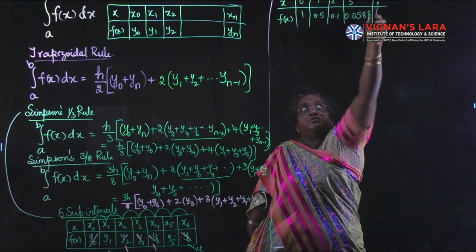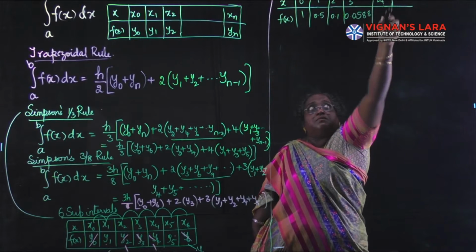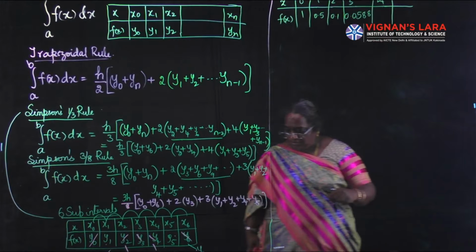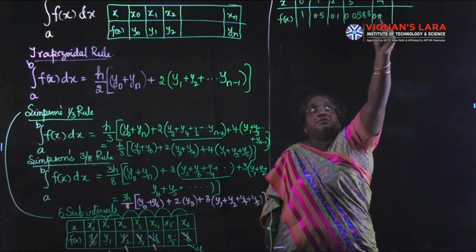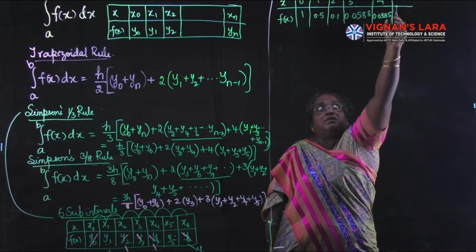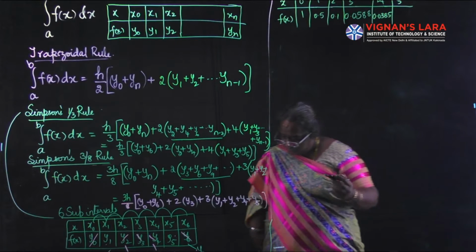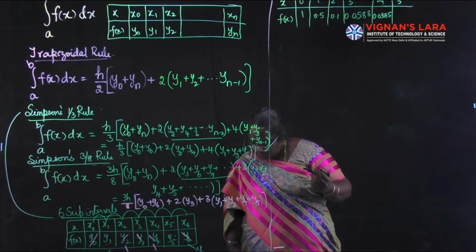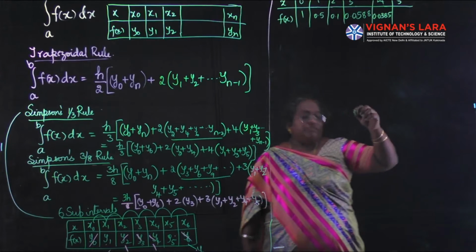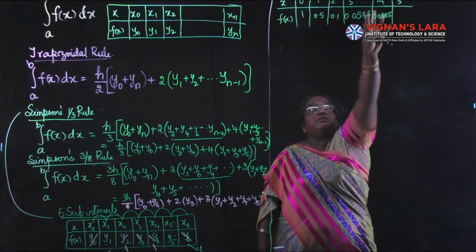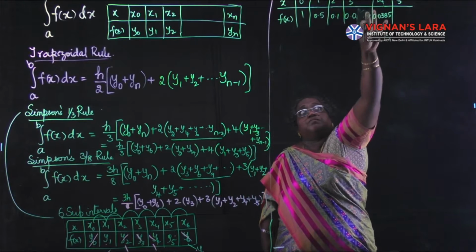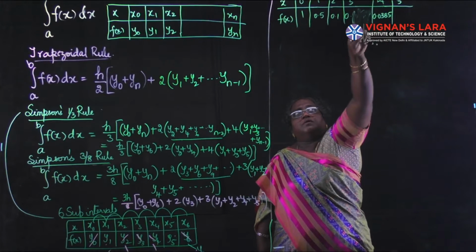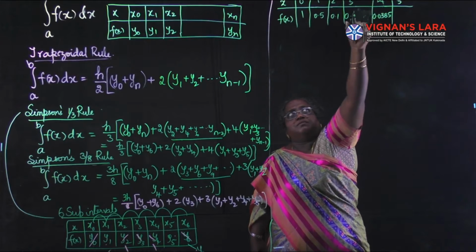Next, for 4 we got 0.0385. Next, for 5 it is 0. For 3 it is 0.1.